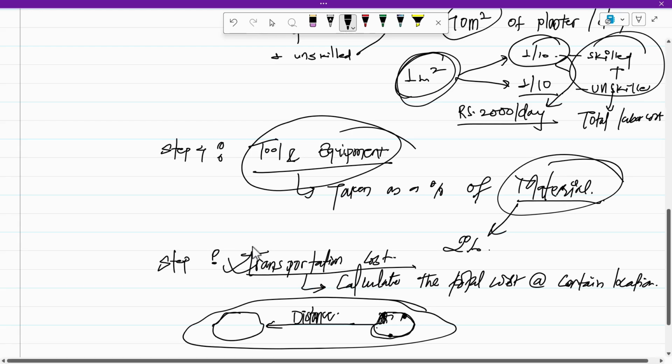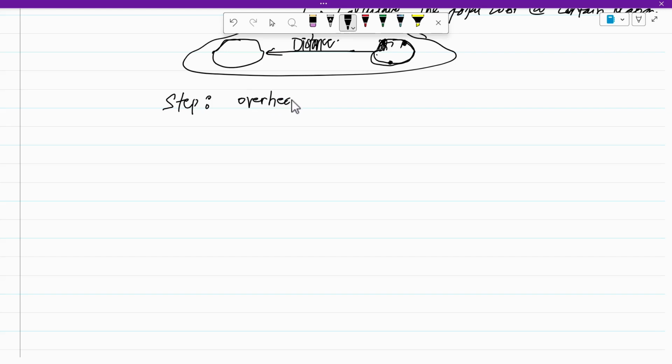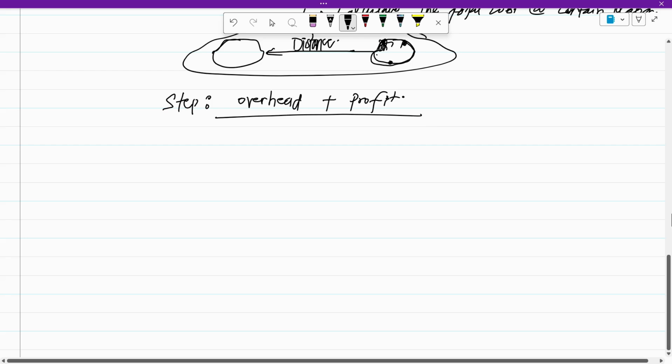So finally, important thing is you need overhead plus profit. Overhead plus profit. So what is overhead? Overhead is that support work that is not directly the part of it.